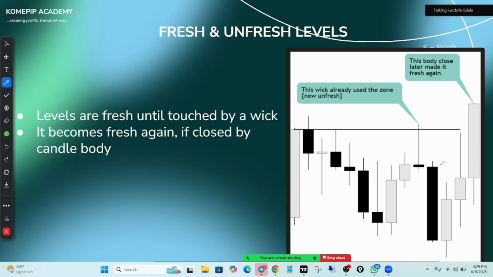If price comes in the future, we don't want to take this as our key level again. However, if price comes in the future and closes above that level, it becomes fresh again. Do you understand? So this wick already used the zone and made it unfresh, but this body close later made it fresh again. So price came and closed above it.